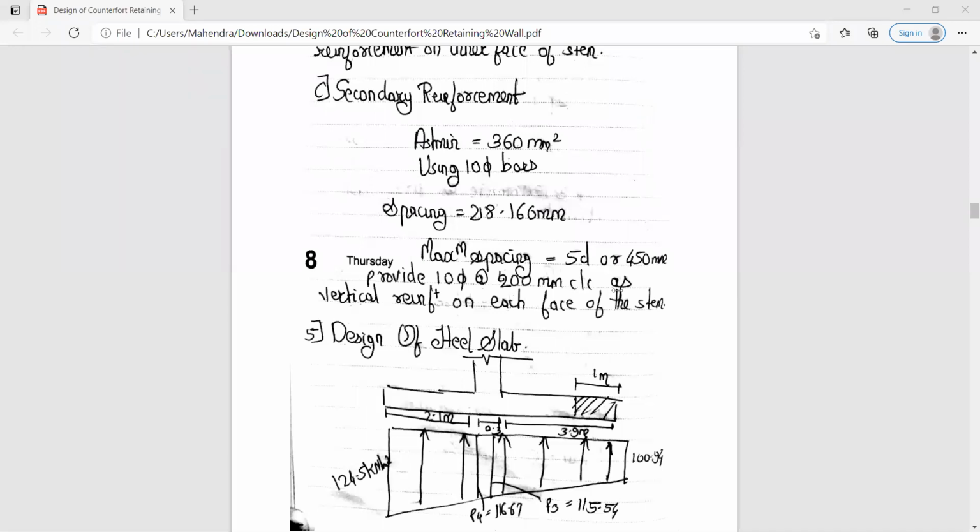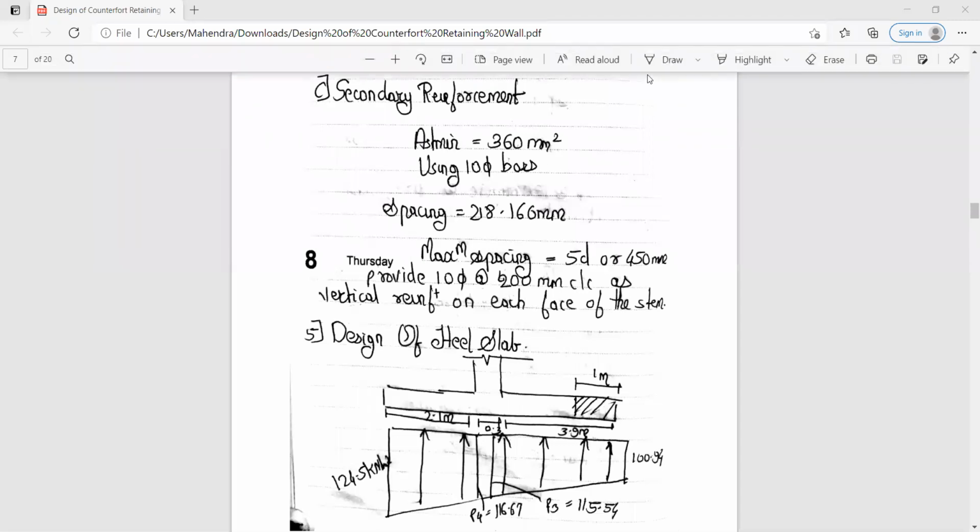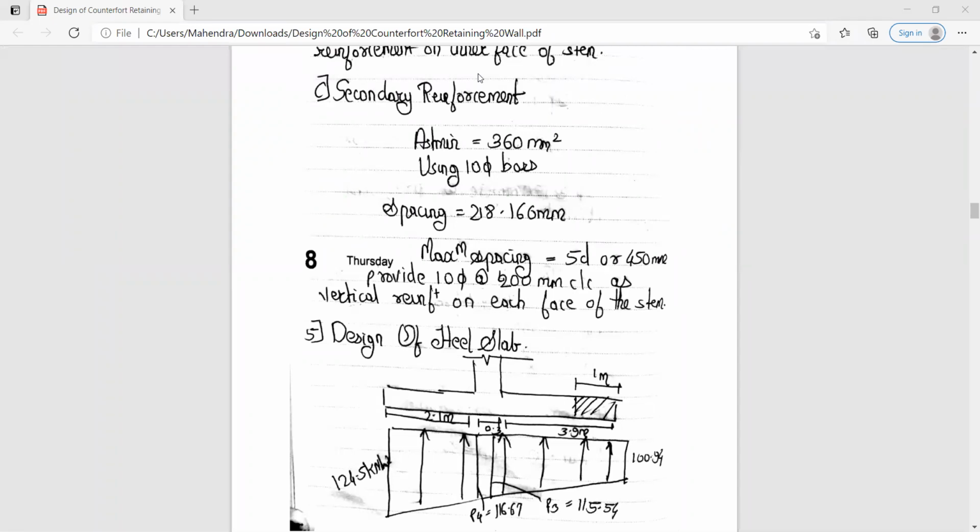All of you had completed the diagram? Yes, Vinay, Swati, had you completed the diagram?